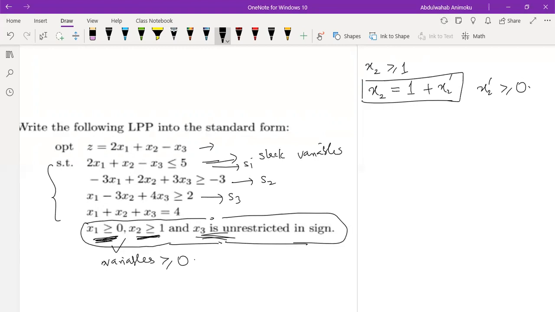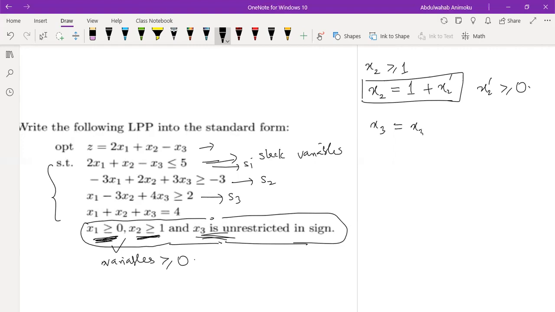Now, which other variable is also problematic? X3. Right now we have X3 to be unrestricted. X3 could be positive or could be negative. Now we need to write X3 in terms of two or more variables, in such a way that these new variables will be greater than or equal to 0.